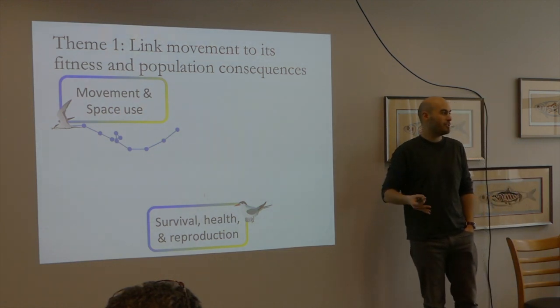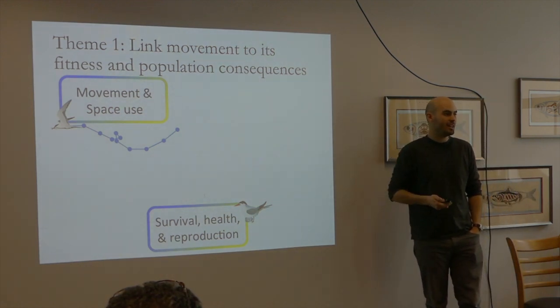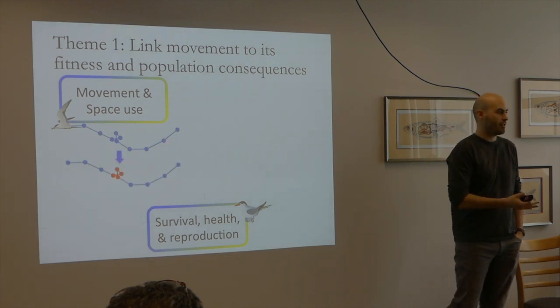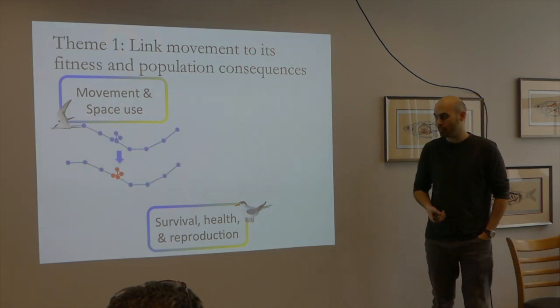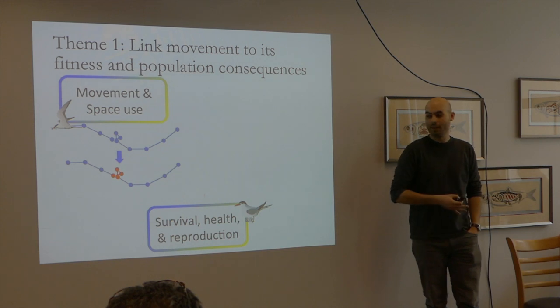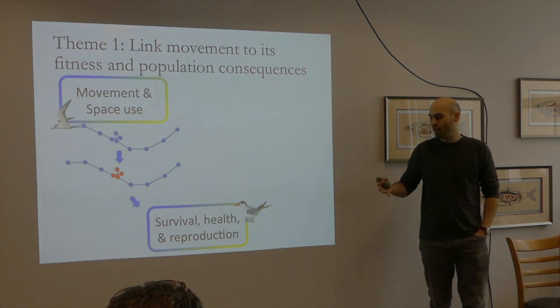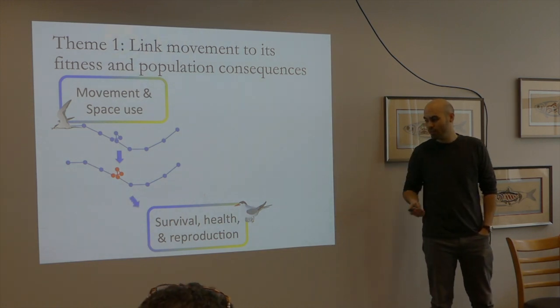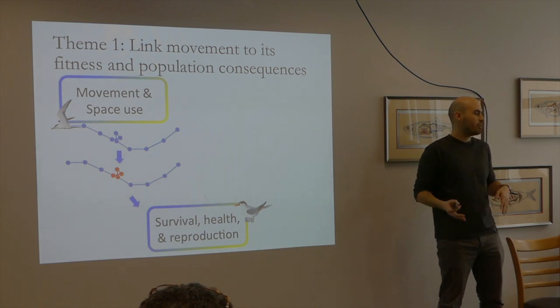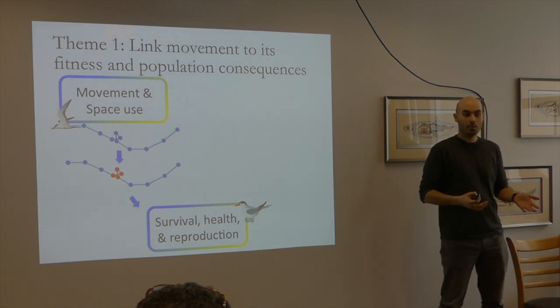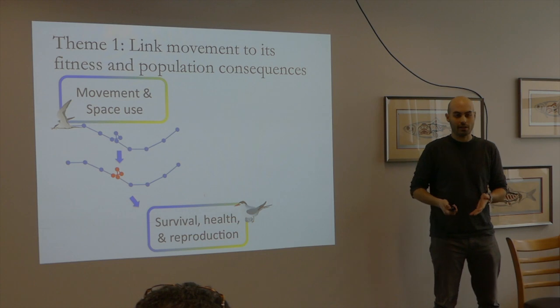The first thing you have to do, based on the movement data, is identify a behavior of interest, for example, foraging. Then you could either directly model the effects on the population, or on survival, health and reproduction, which Sarah will talk about for her project, or you can do it indirectly.